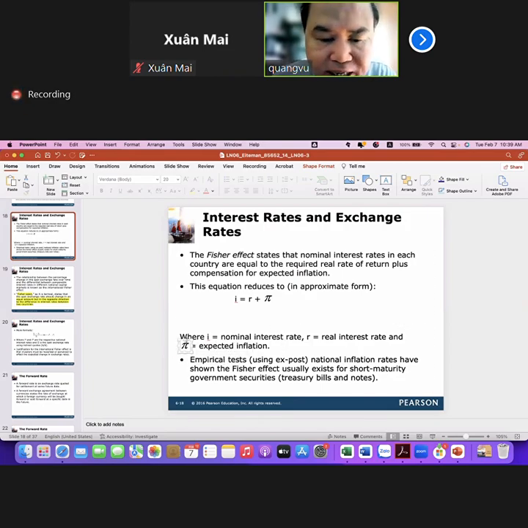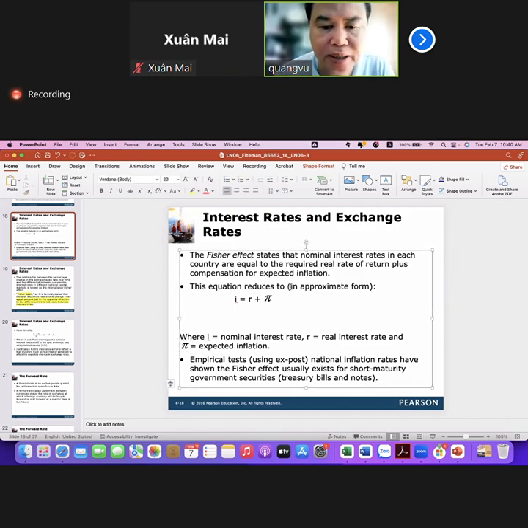Make sure you understand the notation where small i denotes the nominal interest rate, small r denotes the real interest rate, and pi denotes expected inflation.